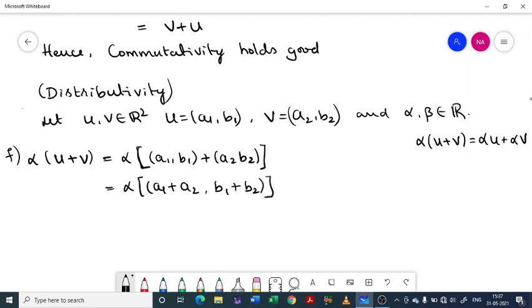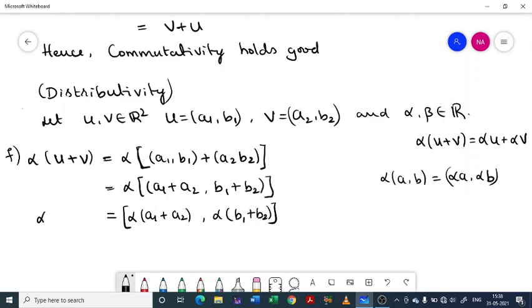Okay, now by the definition of scalar multiplication it will be alpha times of A1 plus A2. Or how we define alpha times of A comma B equal to alpha A comma alpha B, right? Using that definition it will be alpha times of A1 plus A2 comma alpha times of B1 plus B2.